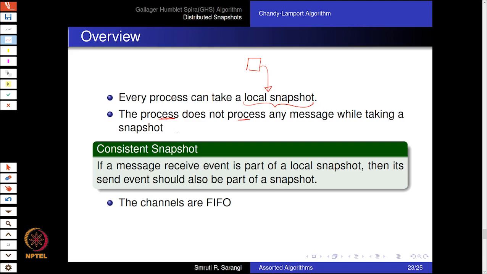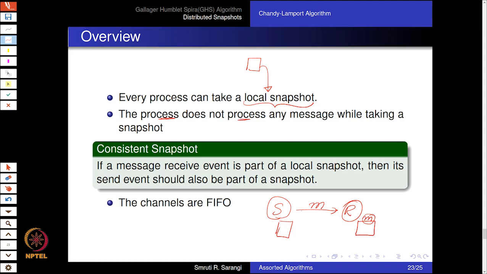So what we want is a consistent snapshot in the entire distributed system such that we can act on it. What this basically means is that if there is a sender and a receiver, and the sender sends a message, it should never be the case that the receiver's snapshot records the message received, but in the sender's snapshot the message send is not there.